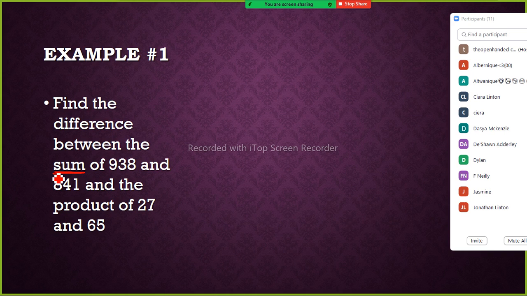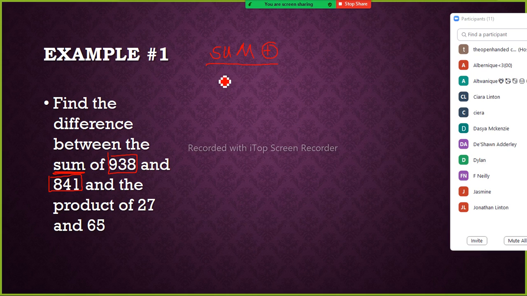Adding. Very good. So we're going to find the sum of 938 and 841. That's the first thing we're going to do. Remember they said sum, so obviously we're going to be adding.